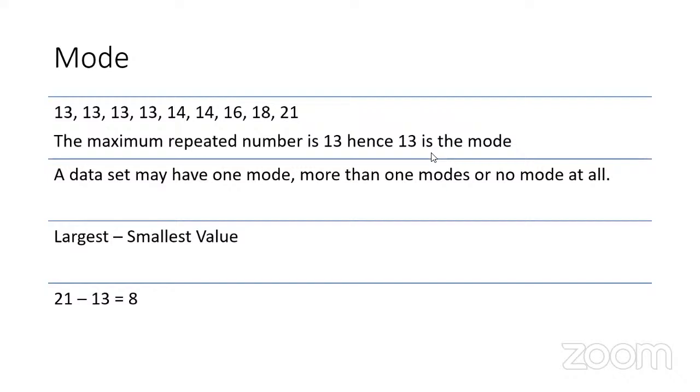This is what we have done for raw scores, that is, individual scores. Yesterday I told you that we have raw scores and group scores. If it comes to group scores, how it has to be done, let us see.